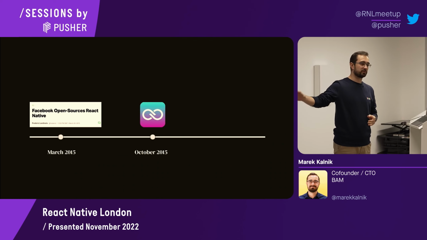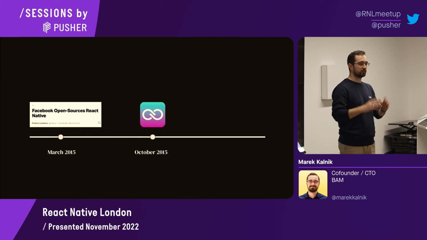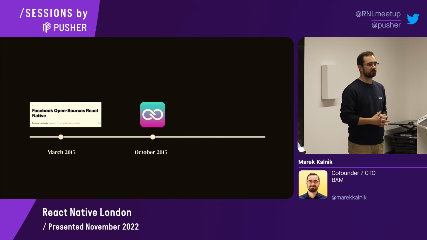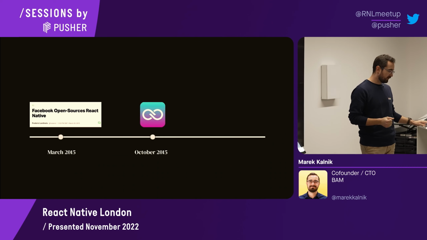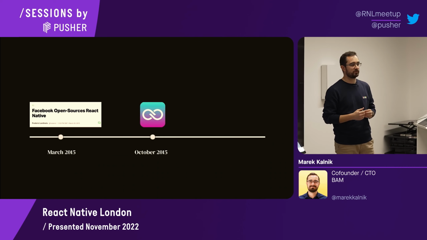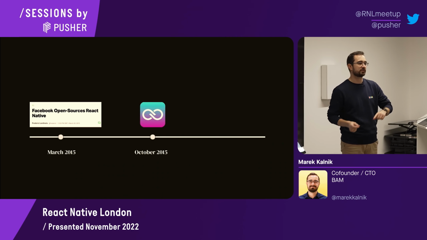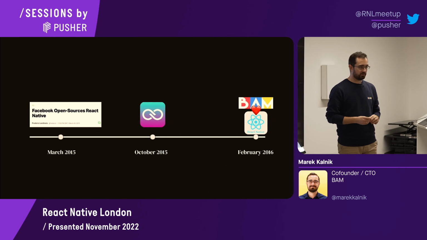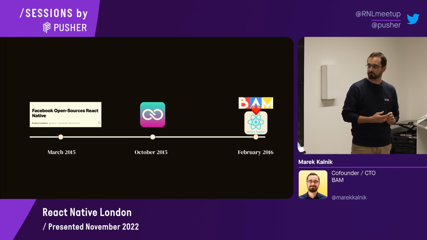The first version of React Native that was open sourced was iOS only, so it wasn't multi-platform yet. We waited for it to be published for Android in September, and then we did our first project in October. At the beginning, we launched our company focusing on the Cordova Ionic stack, and we moved to React Native totally in February 2016.